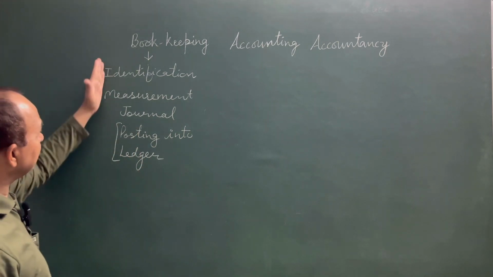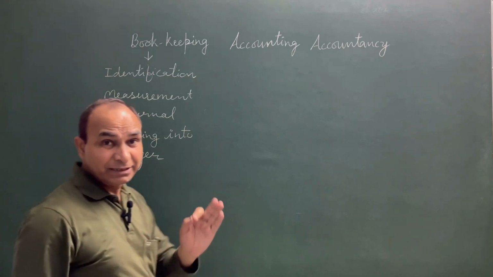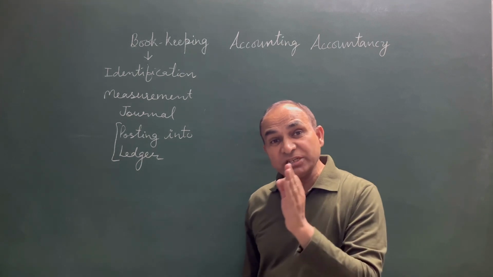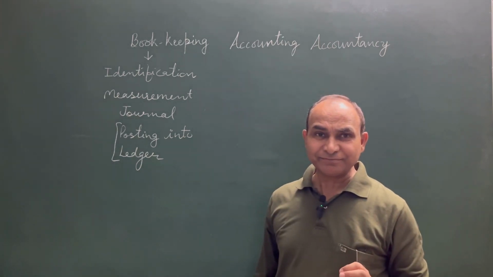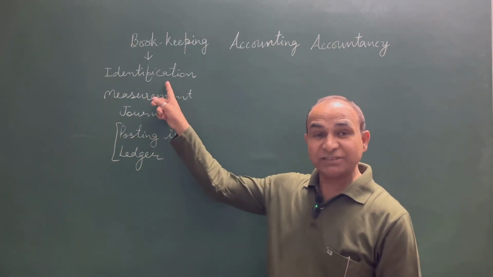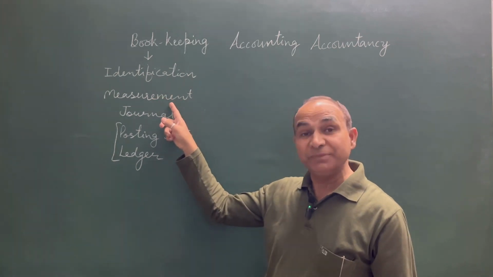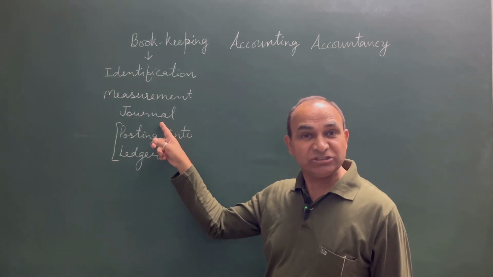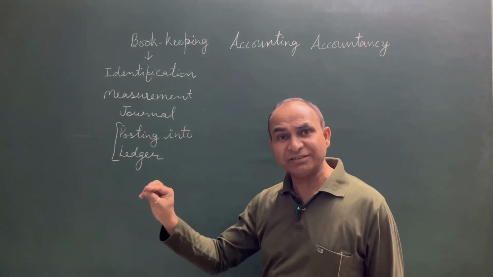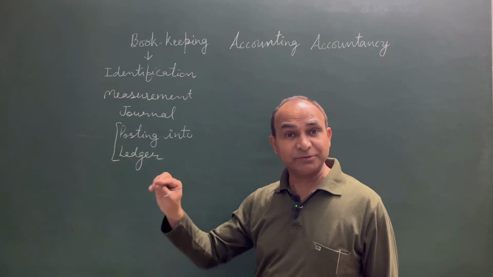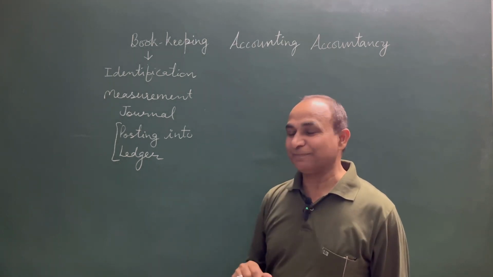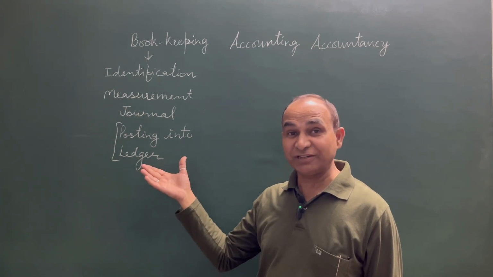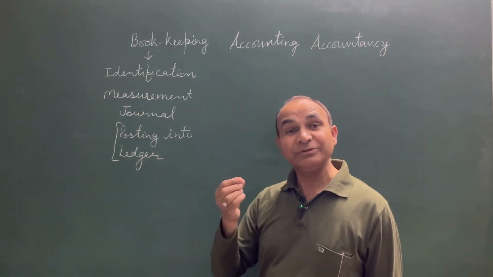So these are part of what? Bookkeeping. It means, see the steps of bookkeeping. Bookkeeping is a primary stage of accounting, which includes identification of financial transaction, their measurement in terms of money, then passing journal entry in journal or recording the financial transaction in some subsidiary books like cash book, and thereafter classification, posting from journal and subsidiary books into ledger.